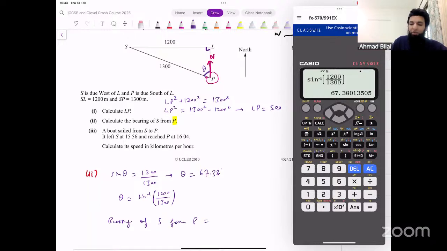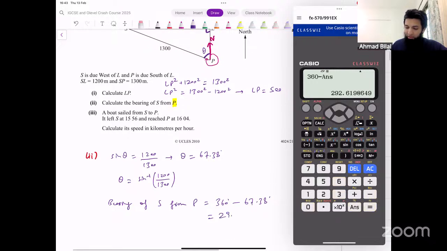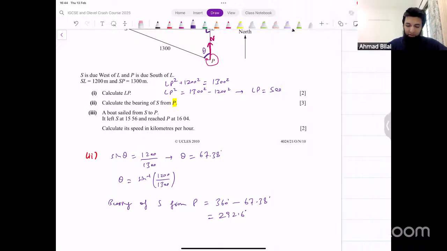The complete angle in a full circle is 360. So you say it's 360 degrees minus that angle theta, which is 67.38. 360 minus this result is 292.6 degrees. That's the bearing that we were looking for. That's how we can find bearing.